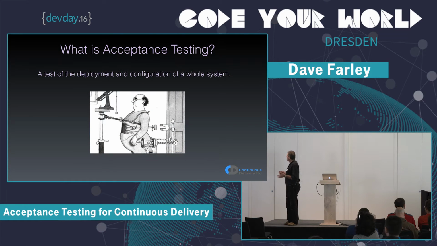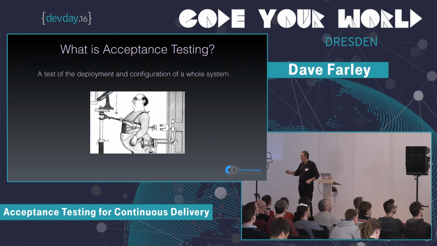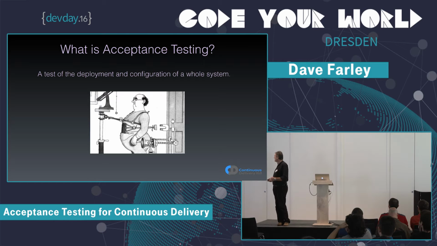And we want to test the deployment and configuration of the whole system. This is about evaluating all of the aspects of the system, not just the bits of behavior that we encode in the source code of our favorite programming language. It's about the way in which we configure it, the way in which we specify the hardware and software in which it operates. It's about all of those things.